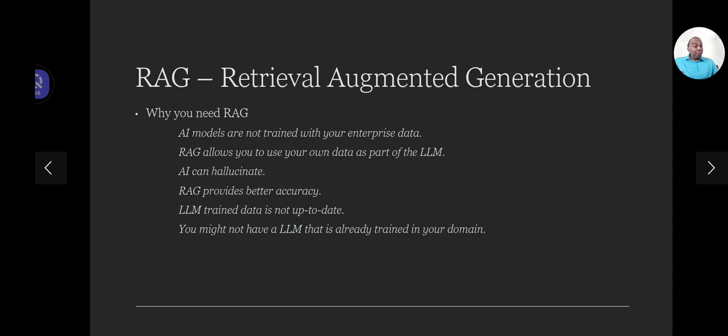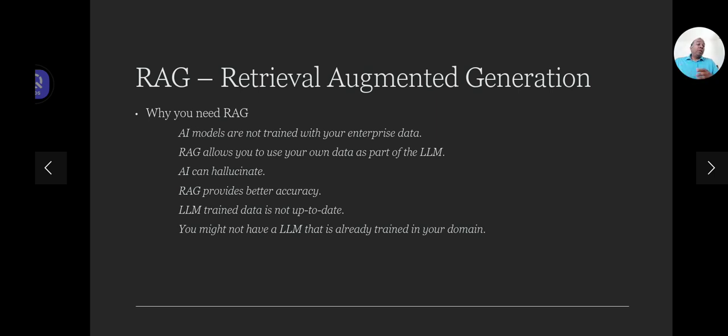Now, AI can make up stuff. That's a scary part. When you use it for enterprise use cases, AI should be accurate. It cannot make up stuff, and we should prevent it in all possible ways. And RAG gives you an option to restrict the response that is given by the LLM.